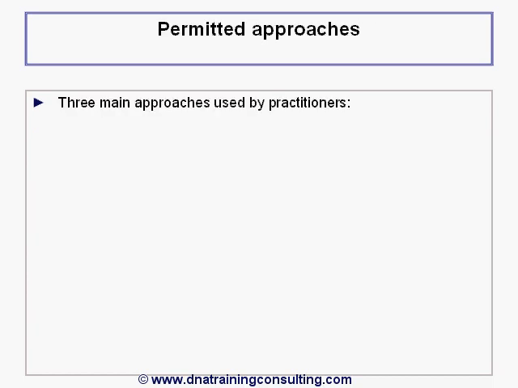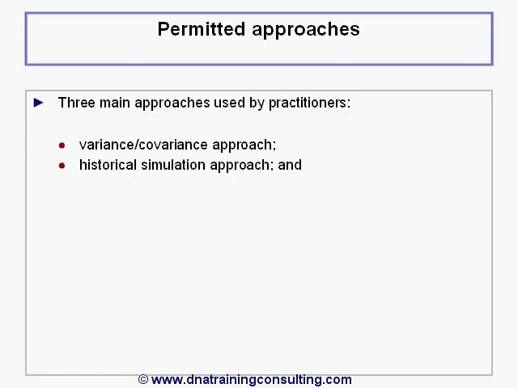There are 3 main approaches used by practitioners for this task, each with advantages and disadvantages. The variance-covariance approach, the historical simulation approach, and finally the Monte Carlo simulation approach.